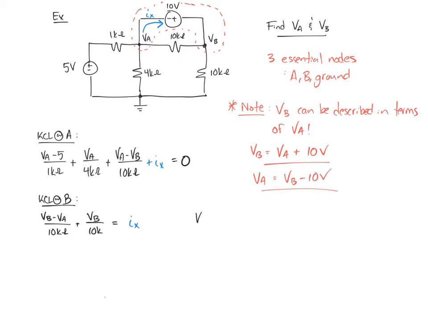So solving this system, I get that VA equals 2.96 volts, VB is 10 volts higher at 12.96 volts. And I could solve for IX if I want to. It's not asked for in this question, but could be done. And that's our result.